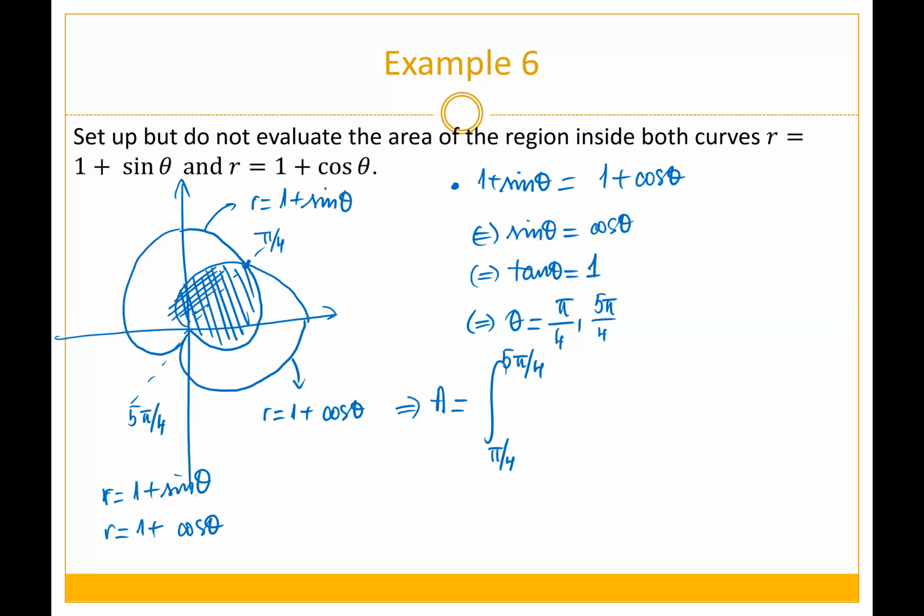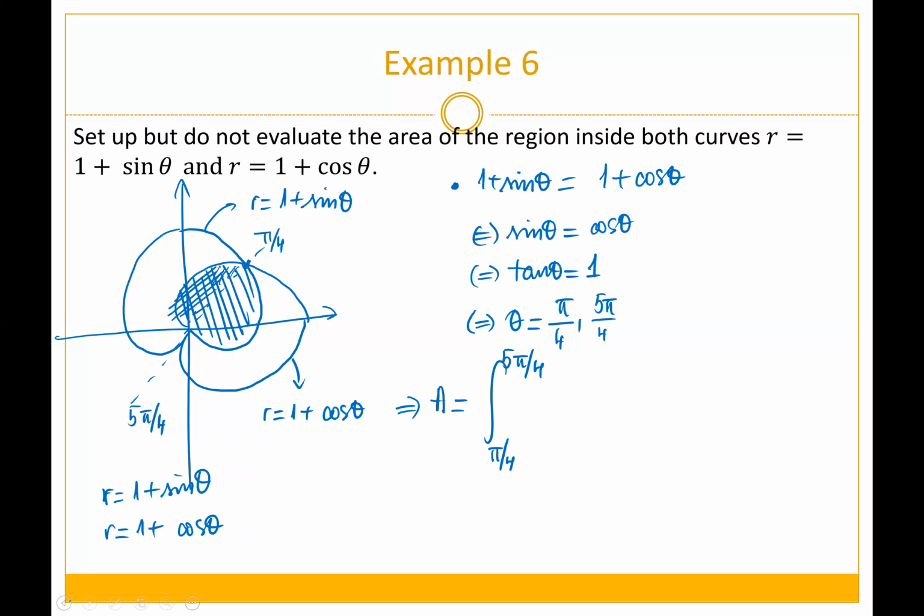The outside curve minus the inner curve. So what is the outside curve from pi over 4 to 5 pi over 4? Actually, you only care about this region, bounded by cosine from pi over 4 to 5 pi over 4. So it's going to be the integral of cosine theta plus 1, squared, d theta.